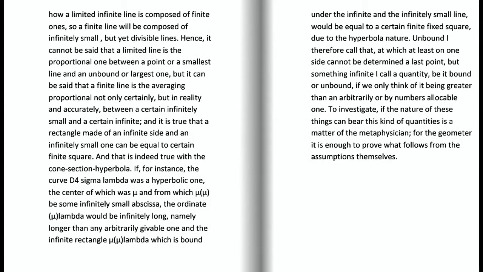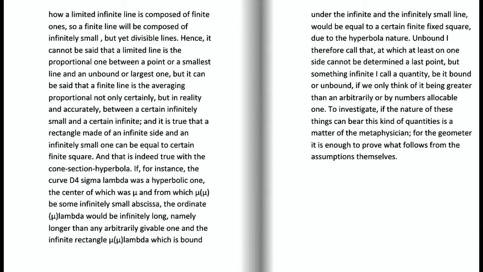And how a limited infinite line is composed of finite ones, so a finite line will be composed of infinitely small but yet divisible lines. Hence it cannot be said that a limited line is the proportional one between a point or a smallest line and an unbound or largest one, but it can be said that a finite line is the averaging proportional not only certainly, but in reality and accurately, between a certain infinitely small and a certain infinite.